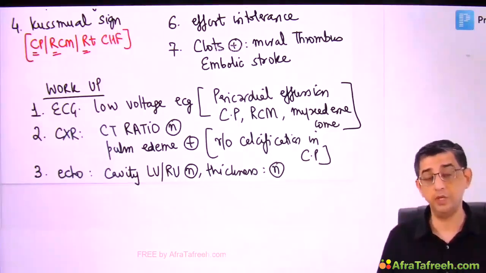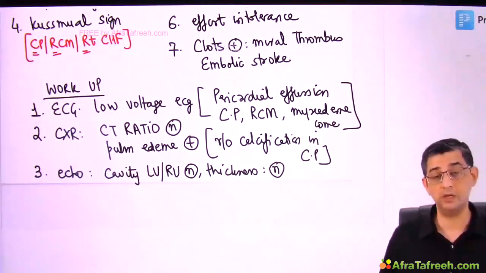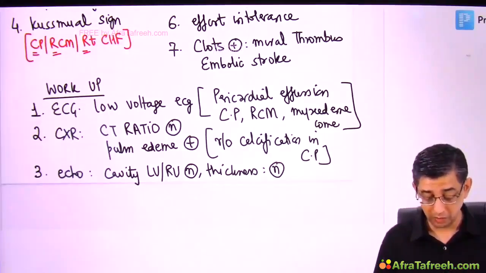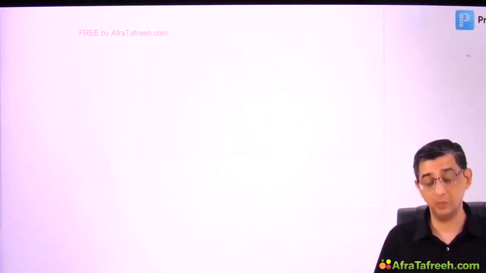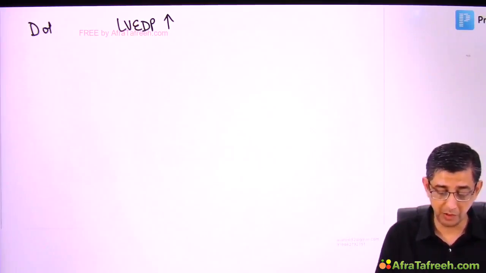Atria can definitely be increased in size in these patients because they are having to work against a relatively less compliant ventricle. Now, since I've demonstrated that the thickness per se is normal, I will also be able to switch on the Doppler and notice that left ventricular end diastolic pressure is relatively elevated.